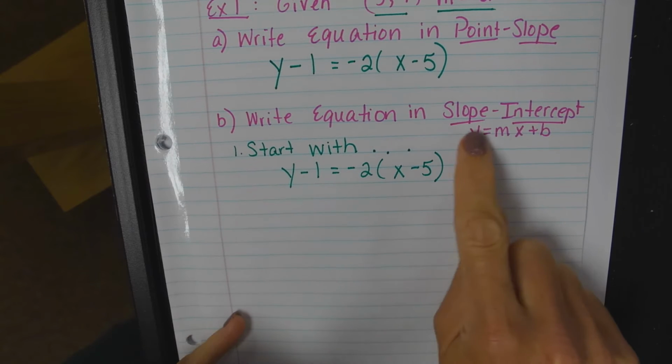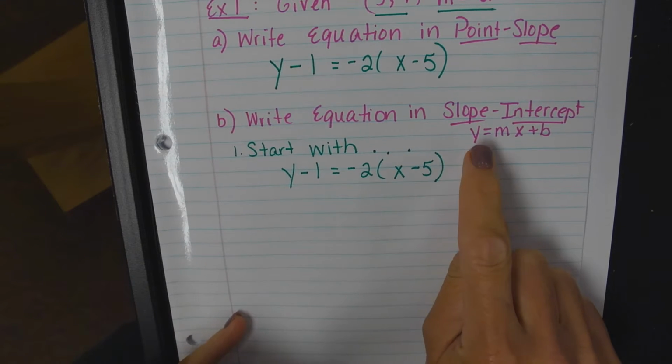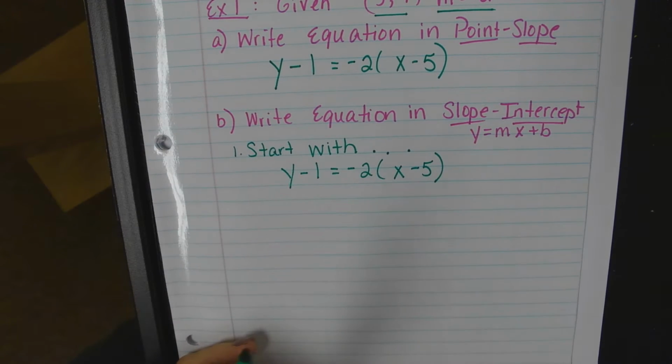Going back to what I'm writing, basically, I'm solving for what variable? Y. I need y by itself. Does everybody see that? Does that sound familiar to you? Haven't we done this before?